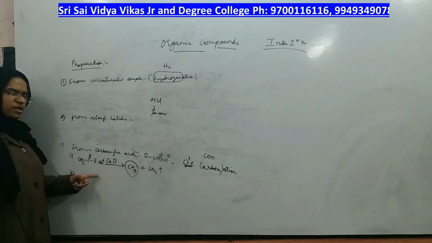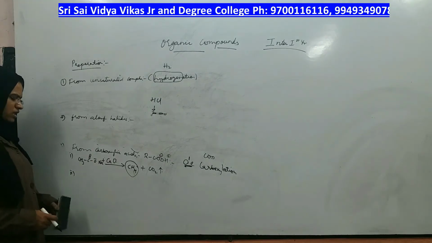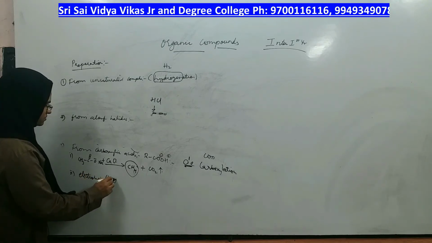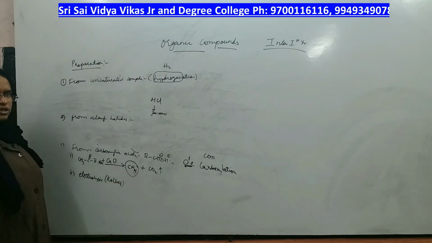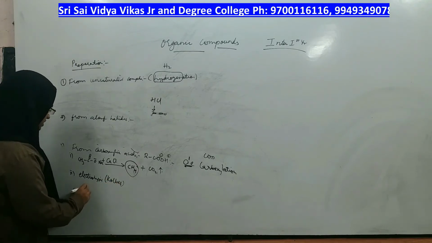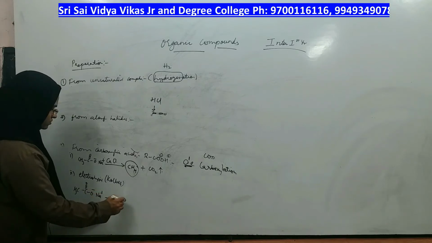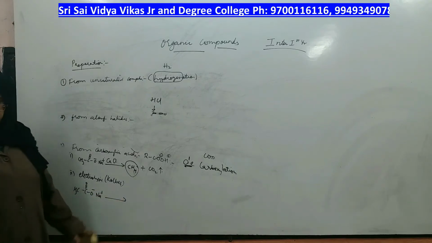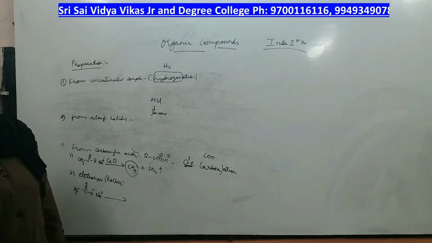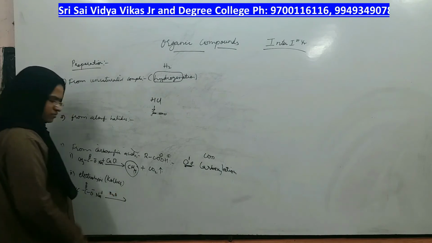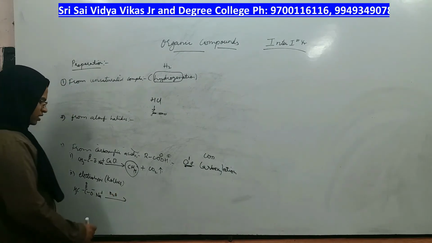That is one step. Another step from carboxylic acid is doing electrolysis of carboxylic acid, which is called Kolbe's electrolysis. What you will do there is, carboxylic acids have this type of charges in the presence of water. Water is made of what?